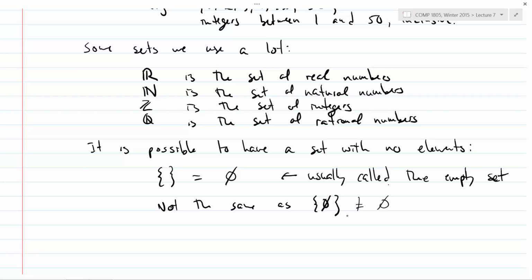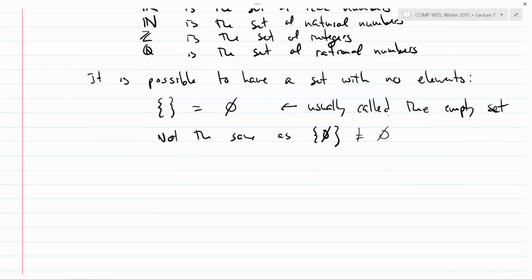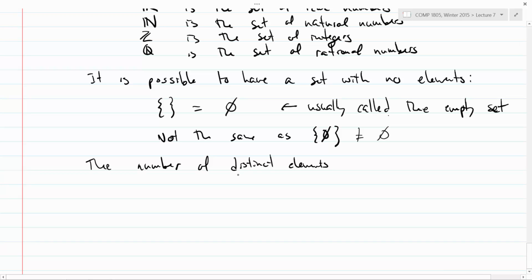All right, so this brought up the idea of the size of a set, so let's formalize that a little bit. The number of distinct elements in a set S is called its cardinality.